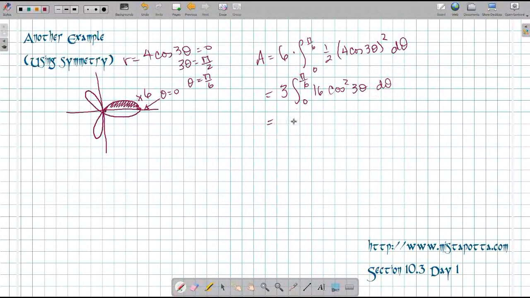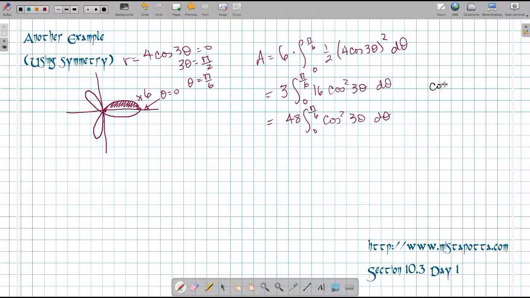So this is really 48 times the integral from 0 to pi over 6 of cosine squared 3 theta. And we talked about the trig identity on the previous page.